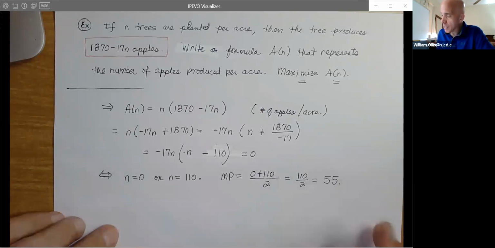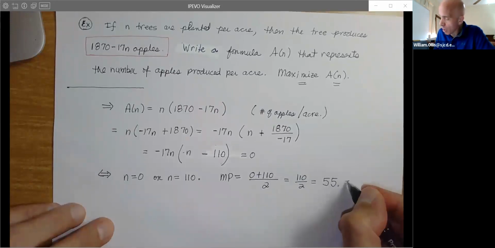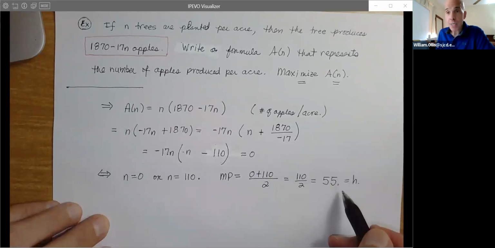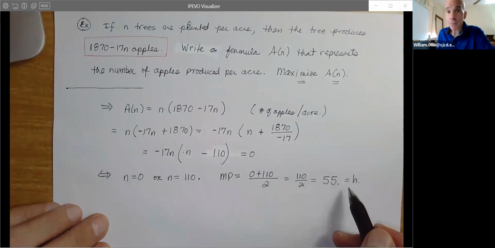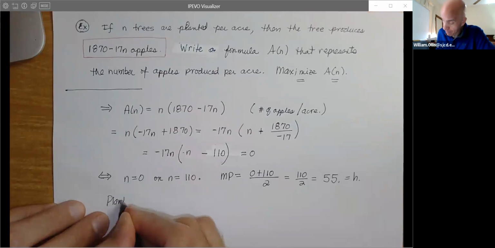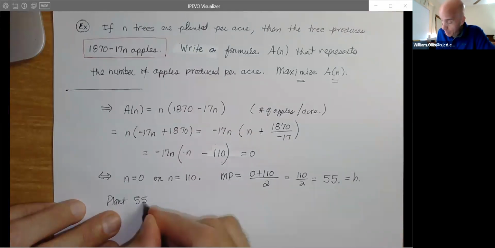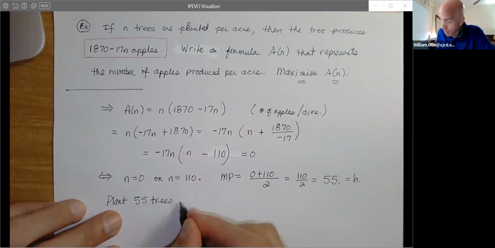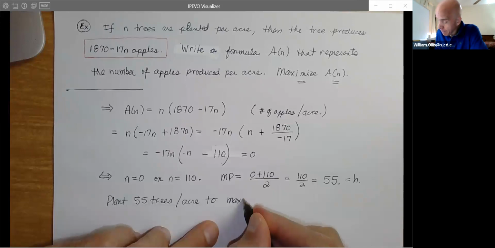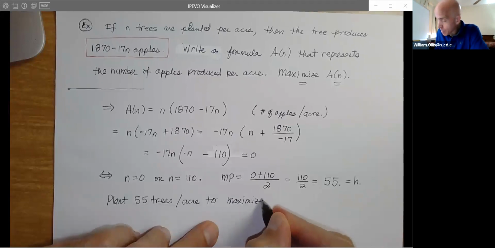So now we can see that this is the so-called H. That is, we need 55 trees per acre to maximize, in this case, the production. So plant 55 trees per acre to maximize production.